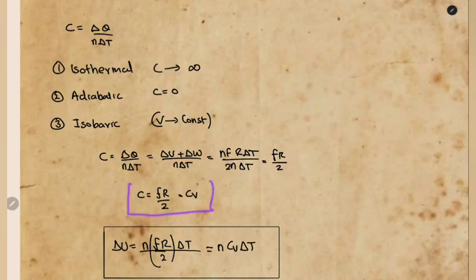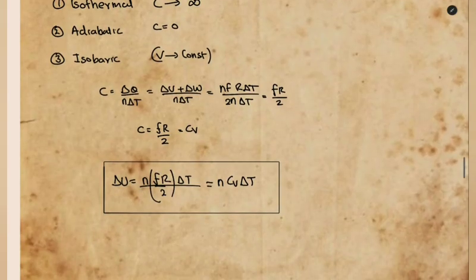This is an important relation. This C will be equal to FR by 2 in the constant volume process, and that will be called Cv. When volume is constant, the specific heat will be called Cv.